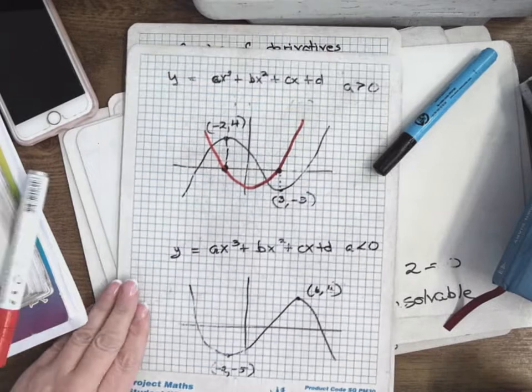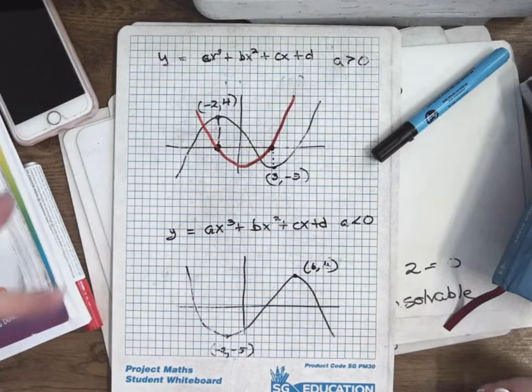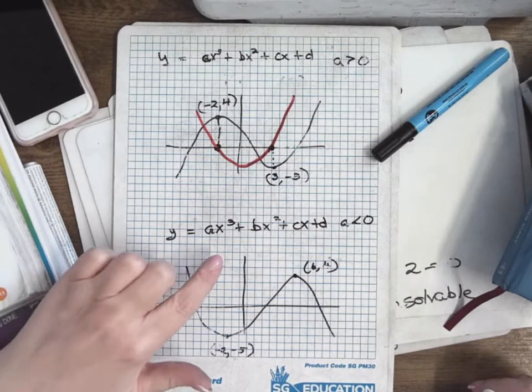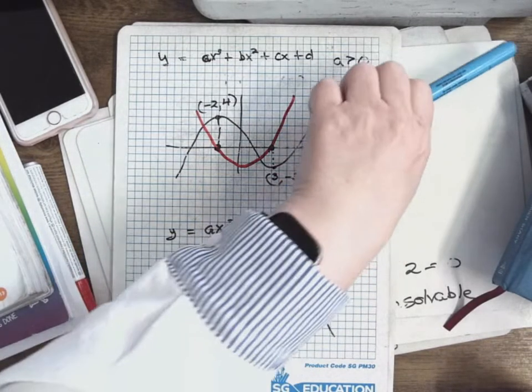Okay, this one, same thing, a cubic equation. If you differentiate it, you get a quadratic, won't you? You get x squared in it. The highest power of x will be x squared. So it'll either be a smiley face or a sad face, agreed? When you're drawing dy dx on the same diagram, it's going to be a sad face or a smiley face.